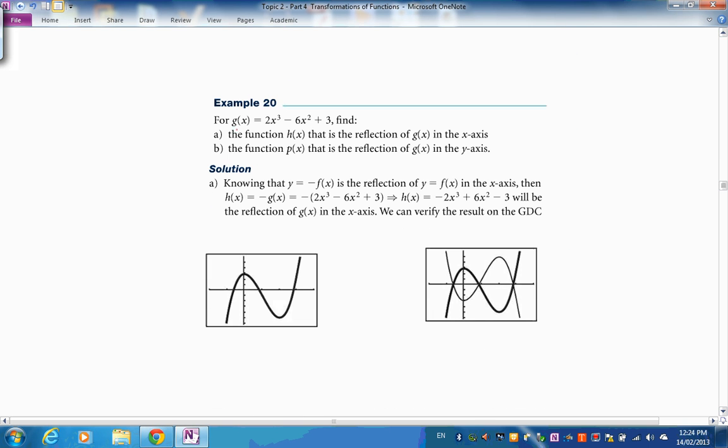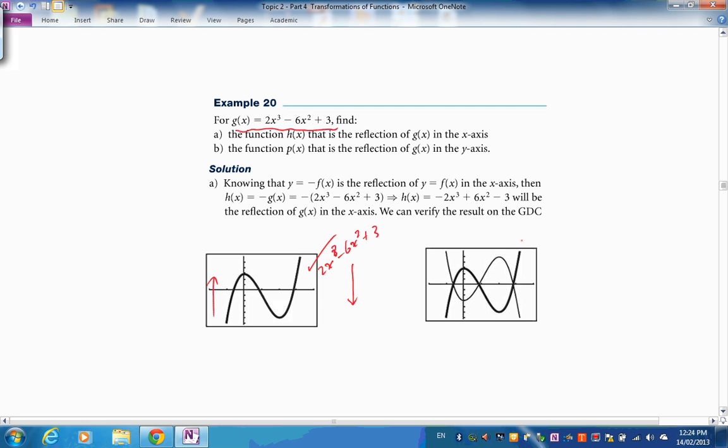What about this function up here? Find the function h of x that is a reflection of g of x in the x-axis. So here's the function 2x cubed, take 6x squared plus 3. And if we reflect it in the x-axis, then points up there go down there, points down here go up there.